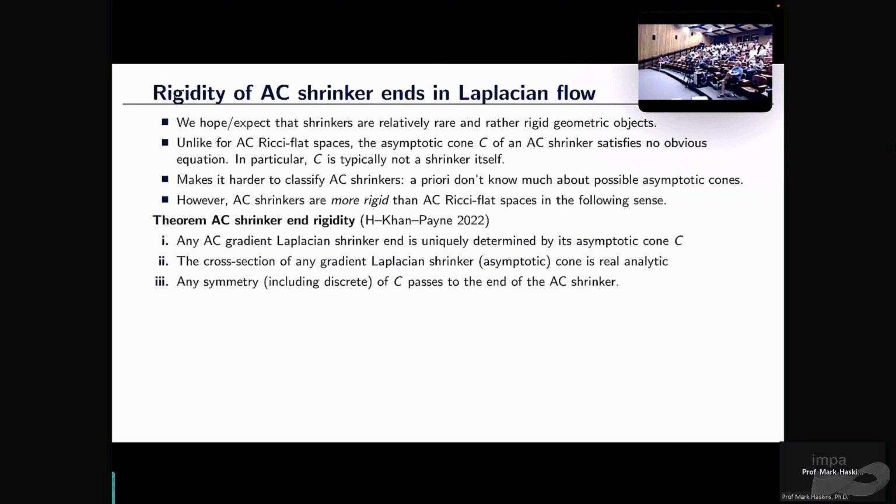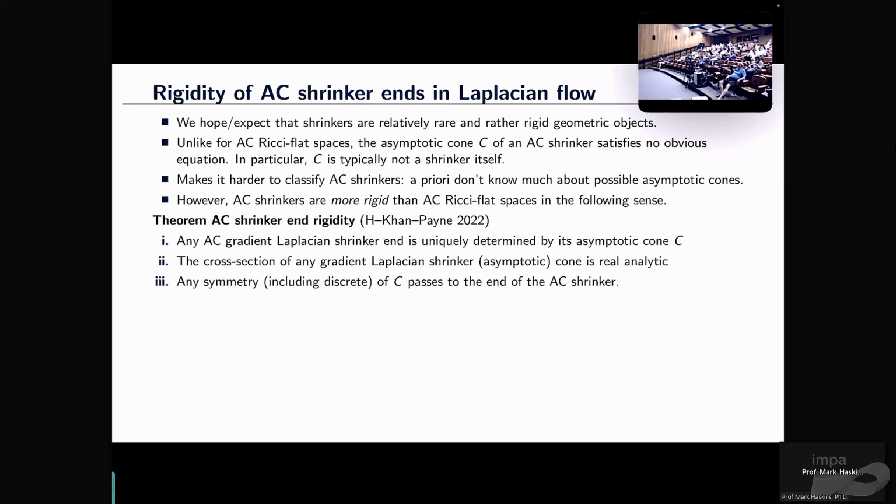If you have at least an asymptotically conical Laplacian shrinker where the vector field is gradient, then in fact, any end of it is completely determined by its asymptotic cone. So for a given cone, there might not be a shrinker, but if there is a shrinker, then it's unique.